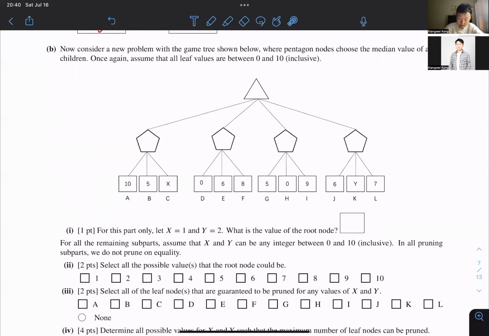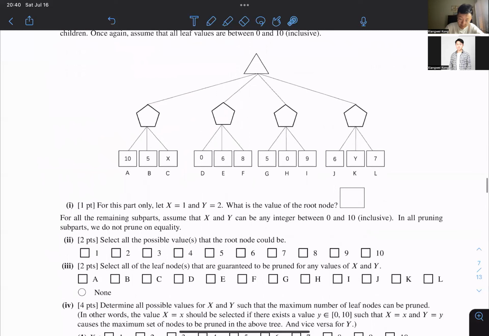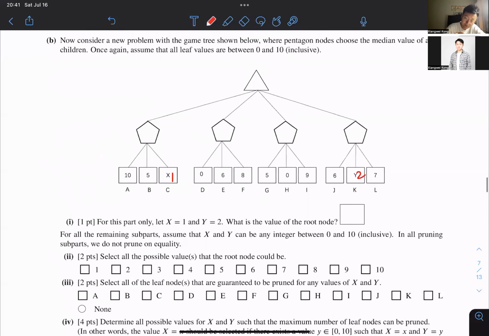It says, for X is 1 and Y is 2, what is the value for the root node? It's just a question to get us started. If X is 1 and Y is 2, it will choose the median value, 5, 6, 5, 6.